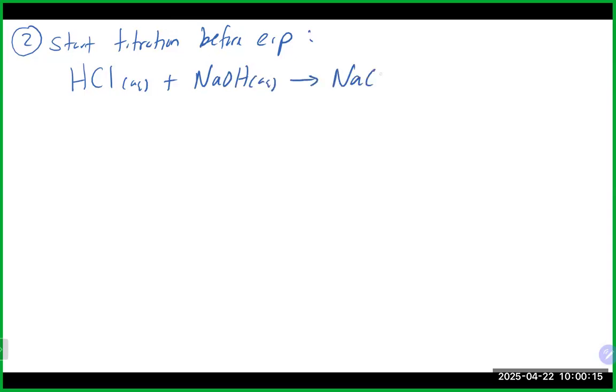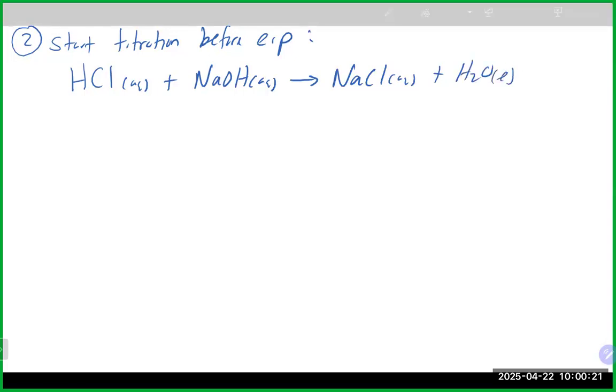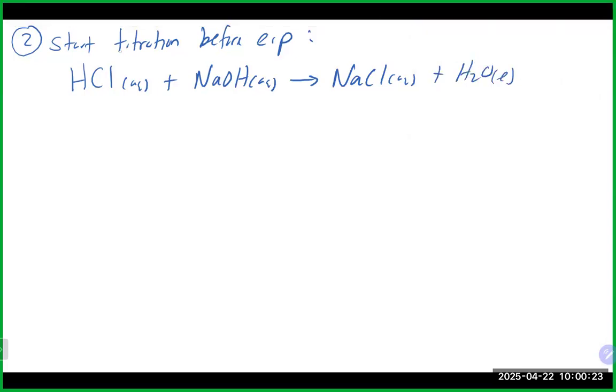Again, a little sodium chloride and some water. So in this case, we are starting with this in the beaker or the flask. We are adding this here from the burette. So we're going to do an ice table.